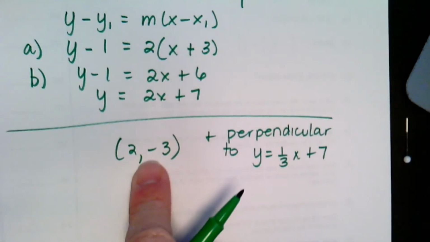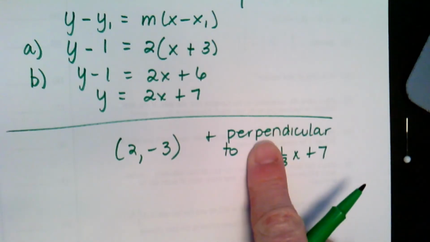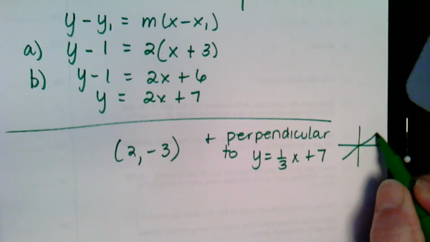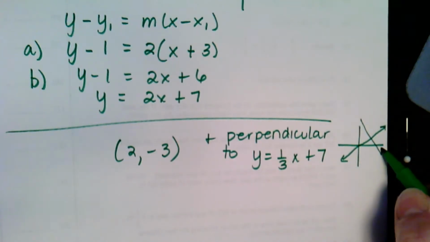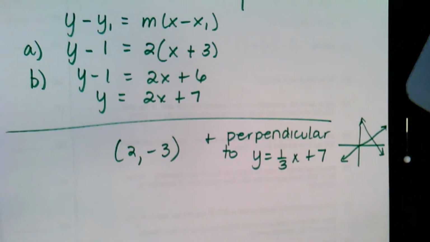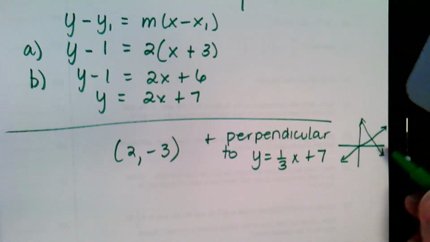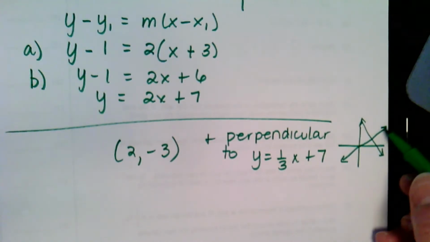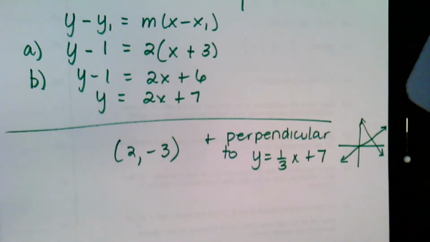So they gave us the point and they gave us a disguised slope. So if it is perpendicular, which means you have a line that kind of goes like this, it hits it at a 90-degree angle. So that is a perpendicular slope. It just means it's the opposite and it goes the opposite direction, and so like if this one's going up 2/1, then this one will be the opposite of that.